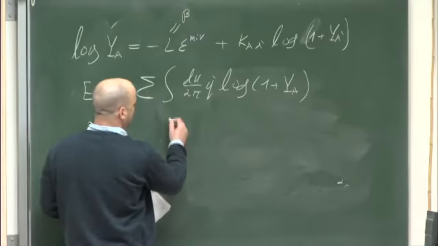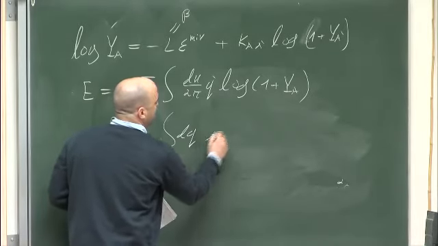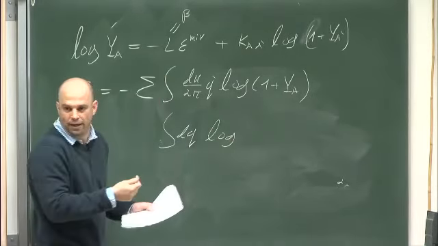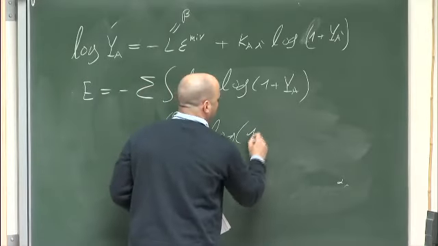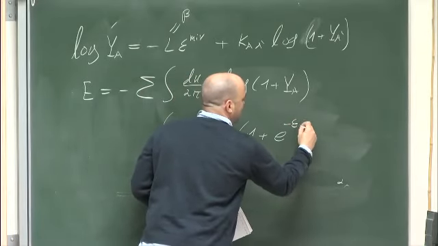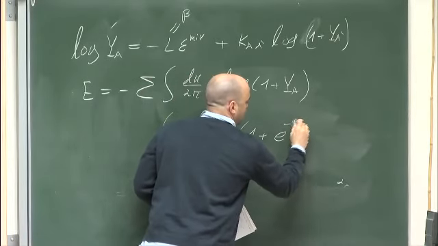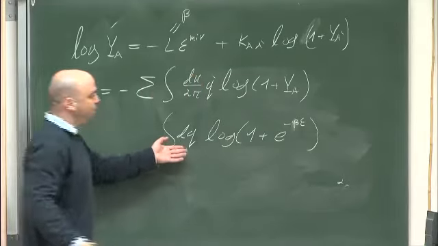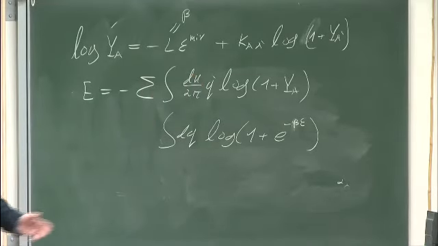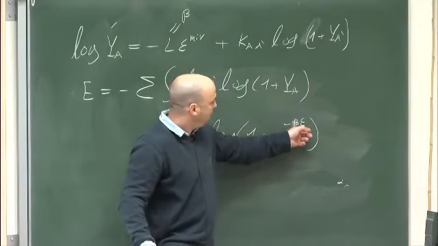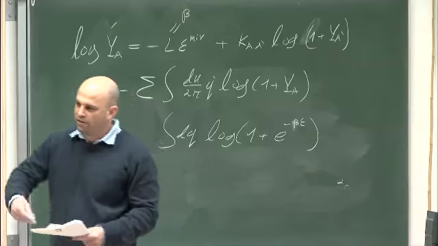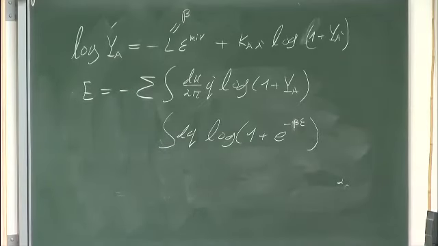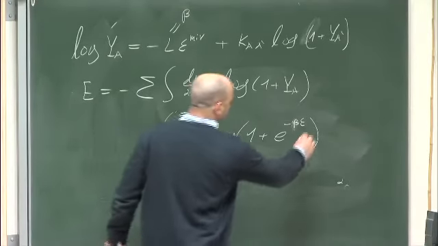So this is just becoming this integral dq, q is the momenta, times 1 plus e to the minus beta times the energy. It's just the Boltzmann factor, and e to the minus beta times the energy is the densities of this type of particles along the chain.